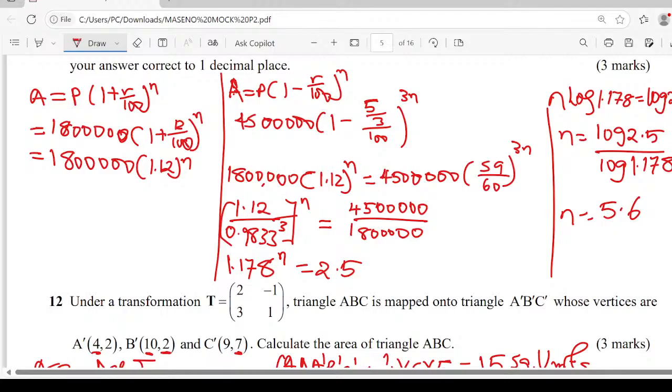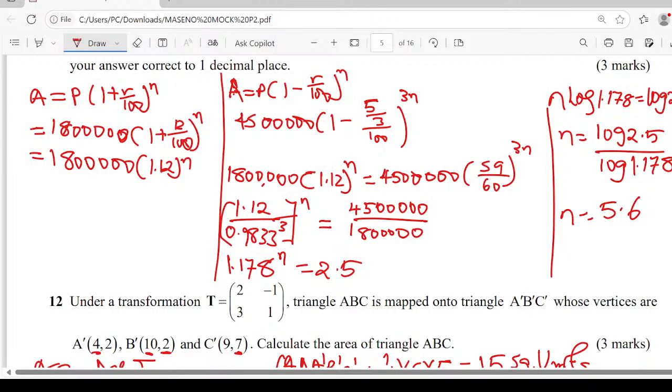59 divided by 60. Just a moment, 5 divided by 3 divided by 100. 1 minus that. 0.9833. When you cube that, then 1.12 divided by that answer.